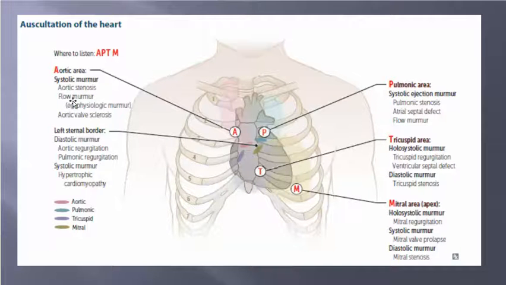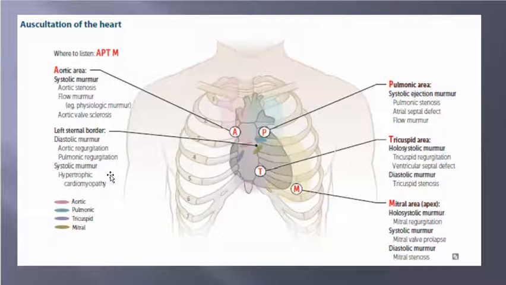Okay? Next one. Here's a good diagram. Here's your aortic area, systolic murmur. Aortic stenosis, narrowing. You have a flow murmur, a physiological murmur from the valve itself. You have your left sternal border. Diastolic murmur, again, typically left side, diastole, and then aortic regurgitation, such as aortic blood circulating back, or pulmonic blood circulating back.